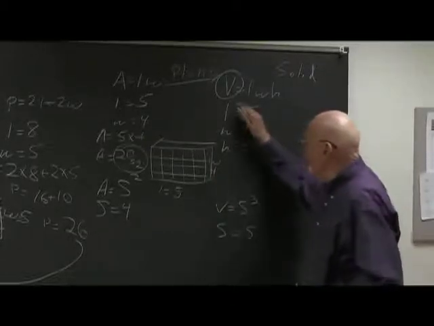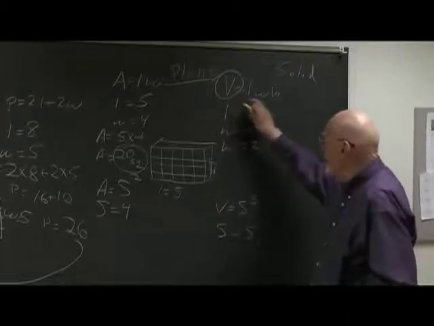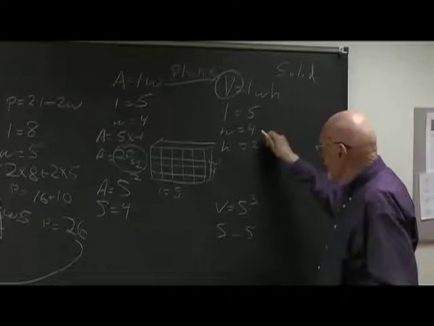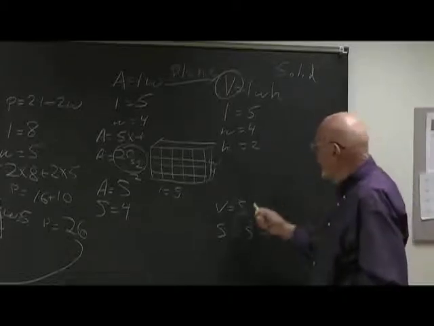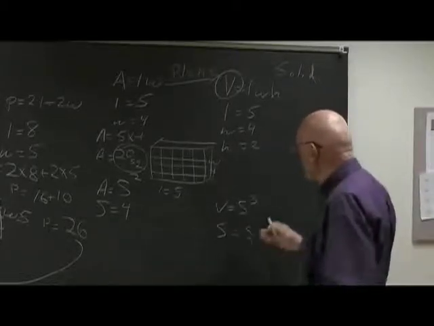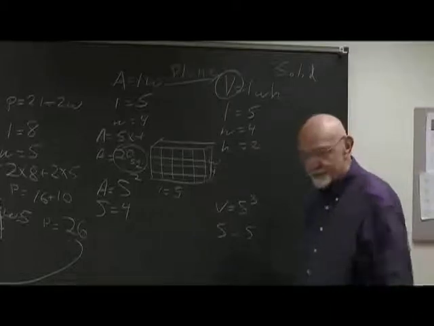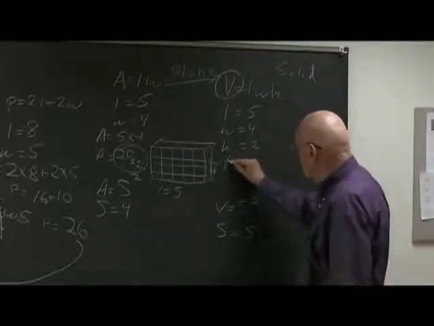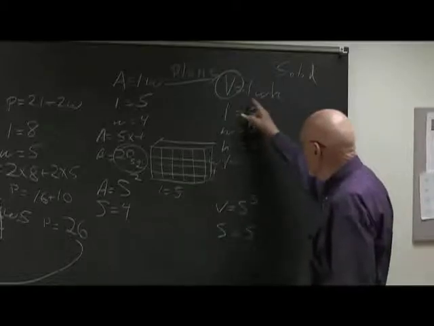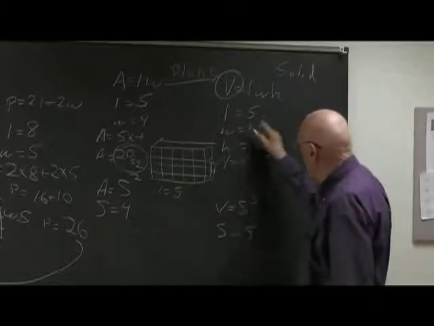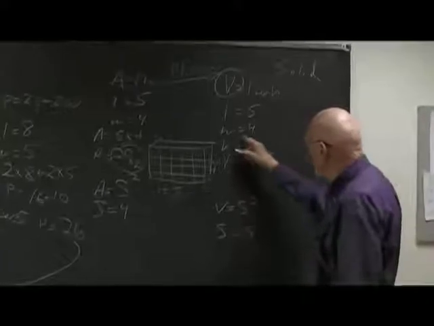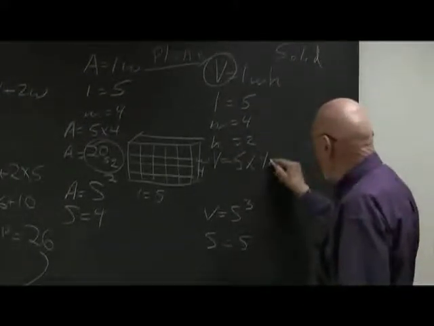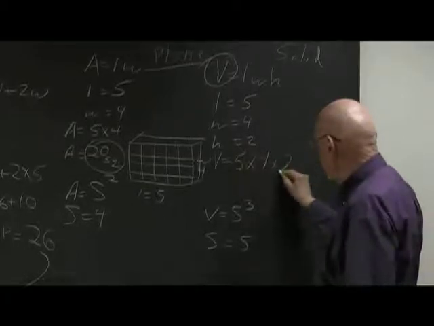So the formula for volume is volume equals length times width times height. This would not be actually a storage building. That would be more of a storage box, maybe. We would write it this way. Volume equals length is 5. Nothing means times. Width is 4. Nothing means times. Height is 2.